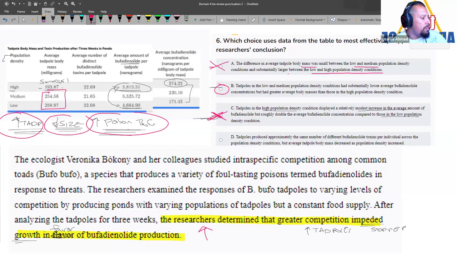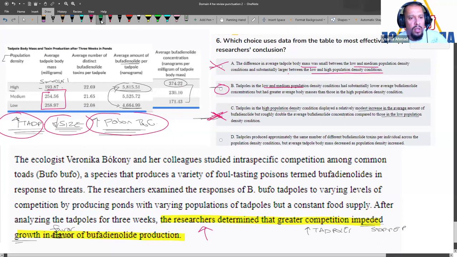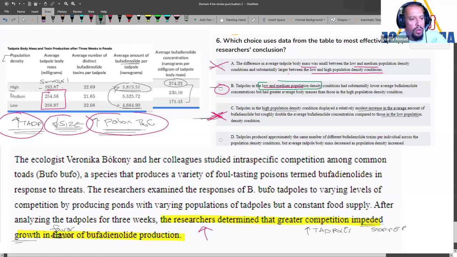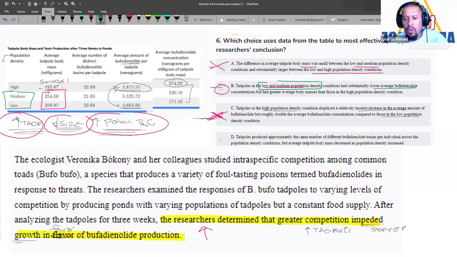Why is answer B the best answer? Tadpoles in low and medium population density, let me use a different color. Low and medium population density, okay, so here we go, low and medium, had substantially lower bufa concentrations. So let's see the bufa concentrations right here.